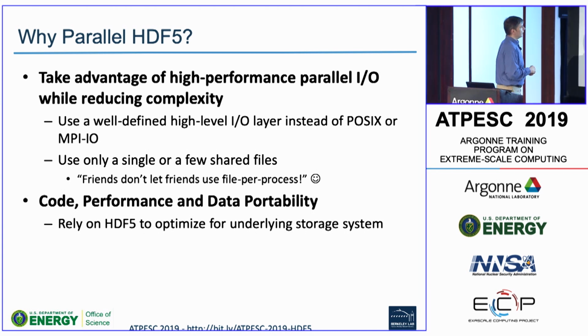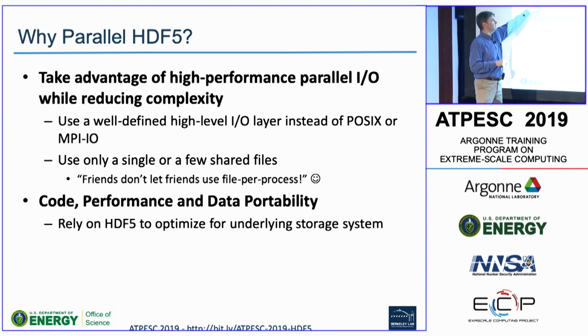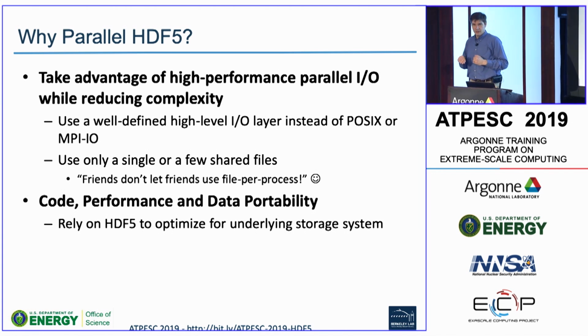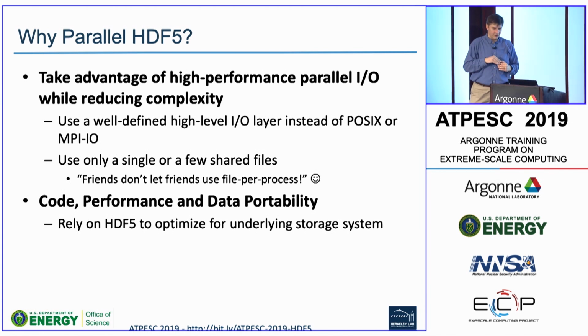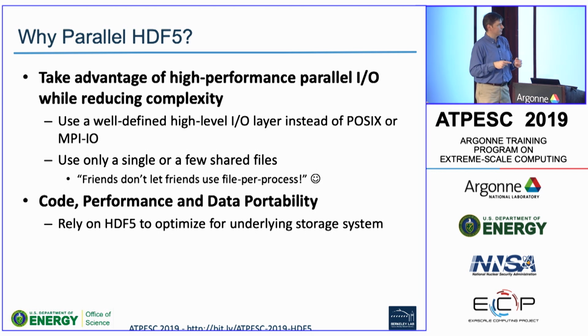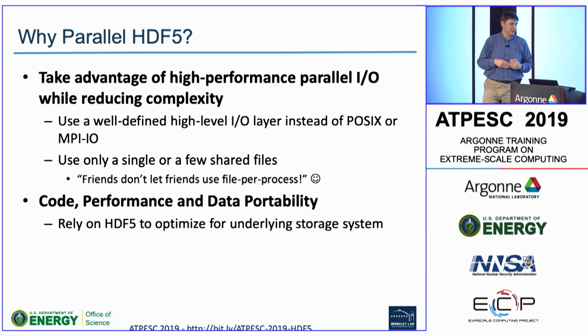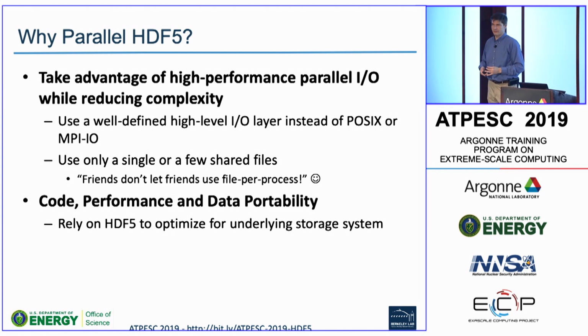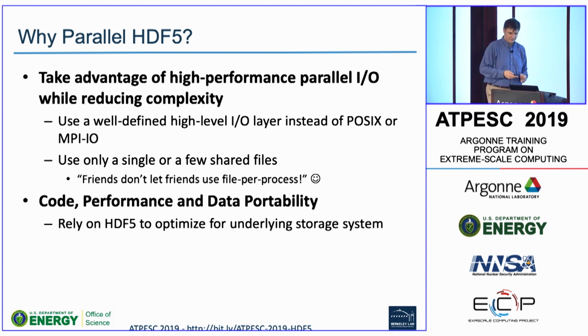And again, principally, if you're trying to use a single or a few shared files, HDF5 is very good at that. It certainly devolves down into bad use case scenarios that we've talked about earlier for file per process, right? You get up into the hundreds and thousand ranks and you throw massive amounts of files at the file system, it's not going to be happy with you.